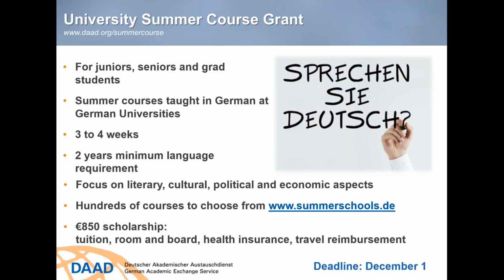And there are literally hundreds of these programs on offer in Germany every summer. We require, of course, that there be explicit German language instruction, but many of them often have a disciplinary or thematic orientation as well. So really, regardless of what field of study you have or what your interests are, you can probably find a summer school that will dovetail nicely with your interests.